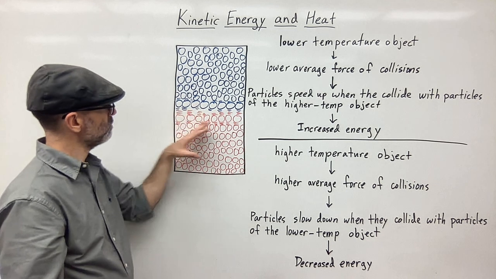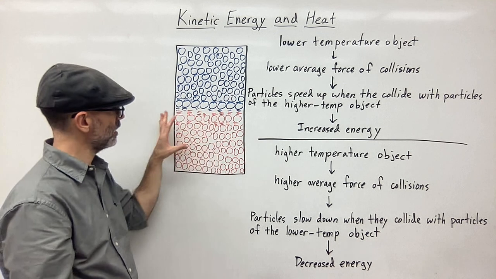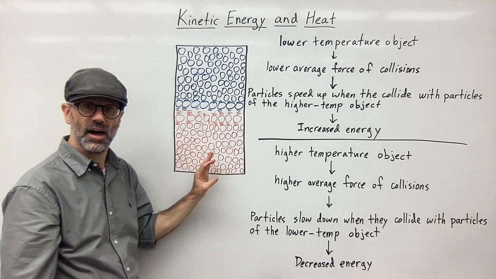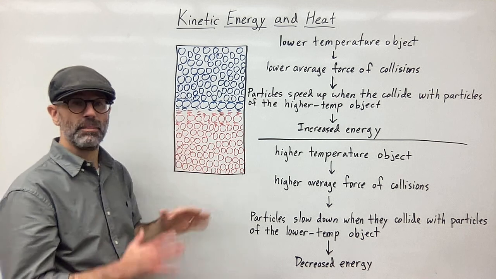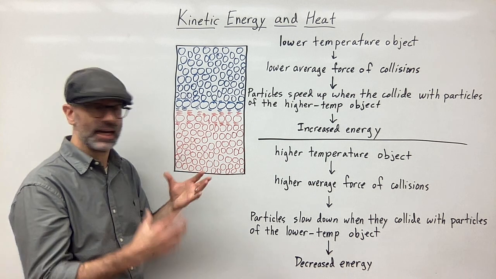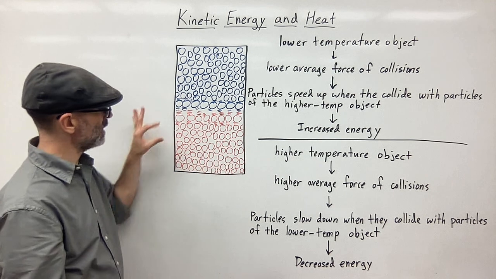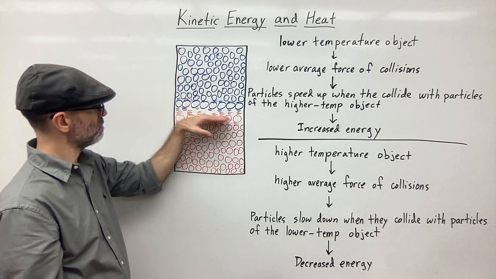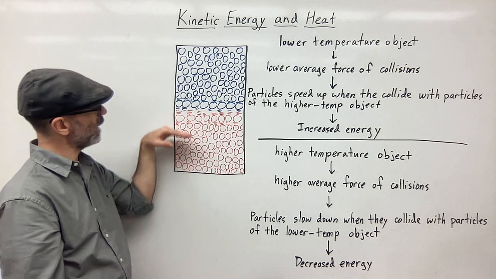So that means that these are going to have an increased amount of speed, and then these are going to end up having a decreased amount of speed. And therefore, again, remember the average speed or internal kinetic energy of the molecules is related to temperature. So then, as these particles are colliding with these particles at the surface, then the energy is going to be transferred this way.